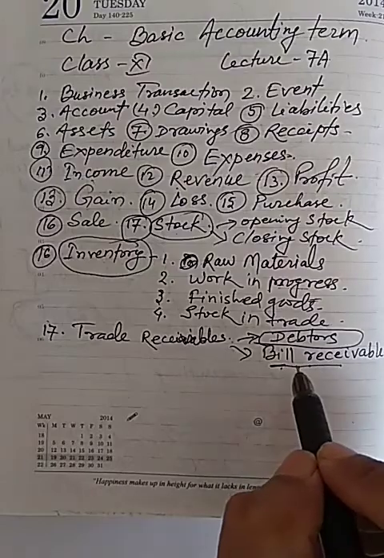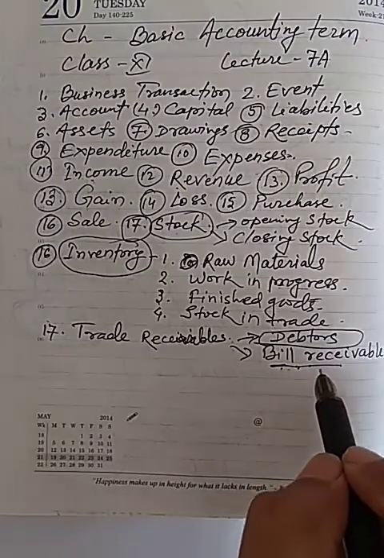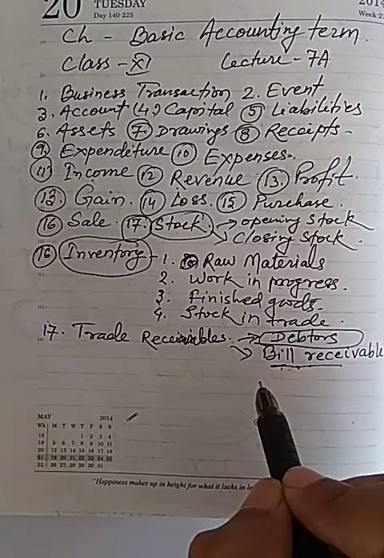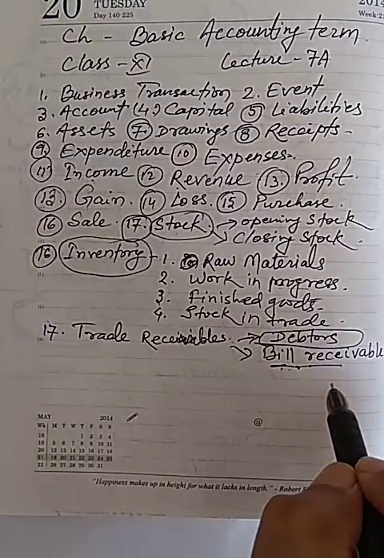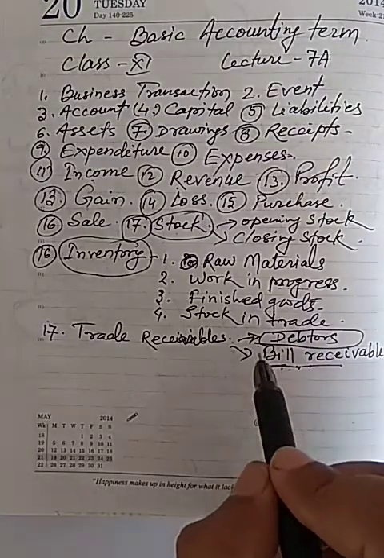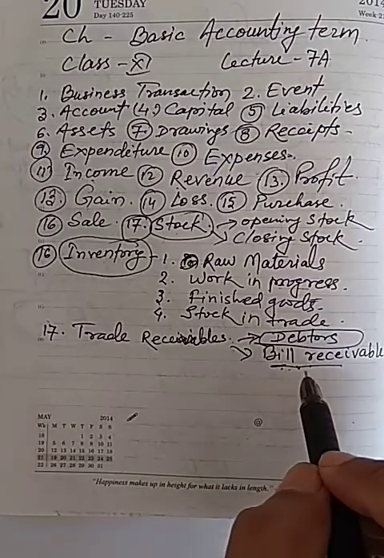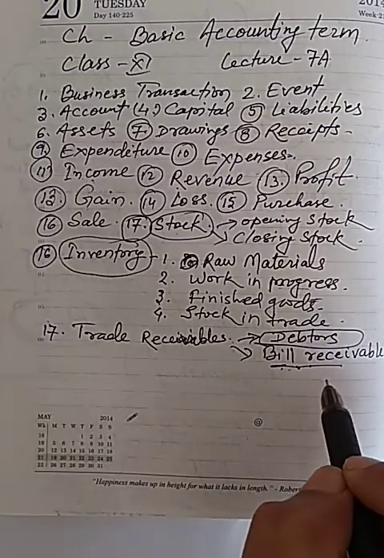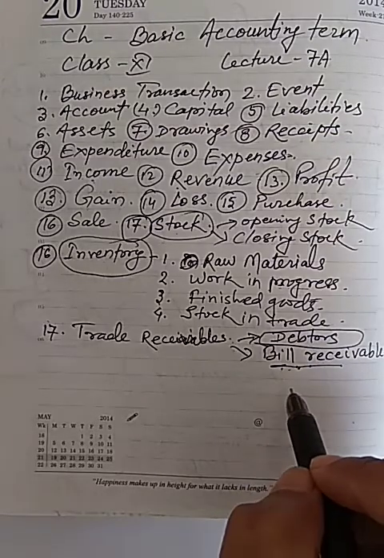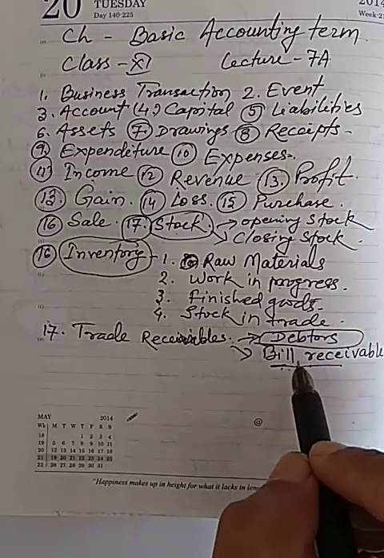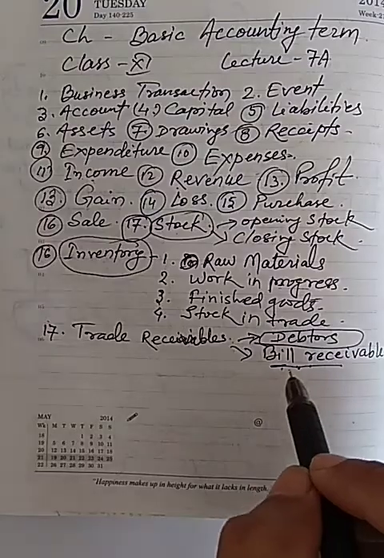Thus, bill receivable is an accounting term for bill of exchange drawn on debtor. When bill is drawn on debtor, it will make bill receivable. The amount specified in such a bill is receivable at a future date.